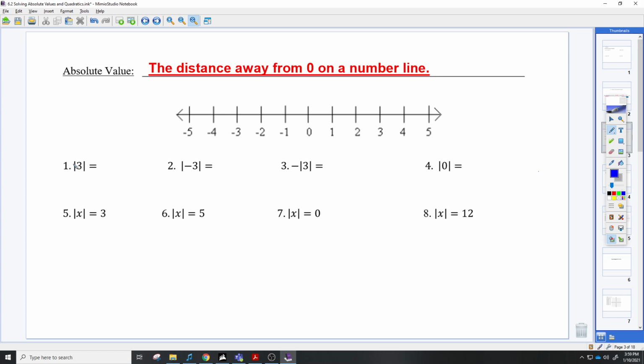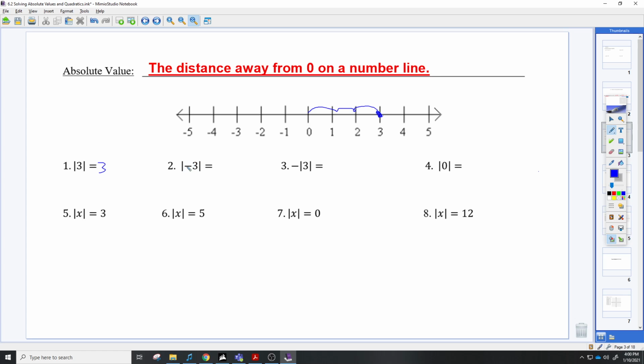So for example, if we saw the absolute value of 3, that's asking how far away is the number 3, if I were to highlight it on here, how far away is 3 from 0? Well, that might be obvious, but you could just literally count and go, okay, it's 1, 2, 3. It's 3 spaces away from 0, so the answer is 3. Pretty simple. Now, what if it was the absolute value of negative 3?